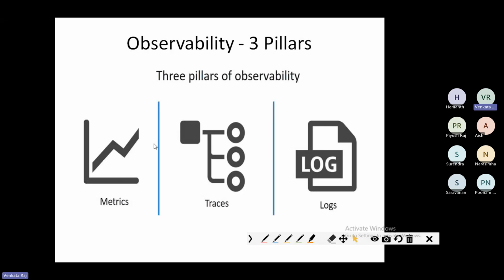Coming to traces, guys, as I told you, whenever a request is sent to the server, through which all components it passes through. Or because of some input, a transaction taking higher time, the response time is high, it could lead to another problem, or any exception in your application.